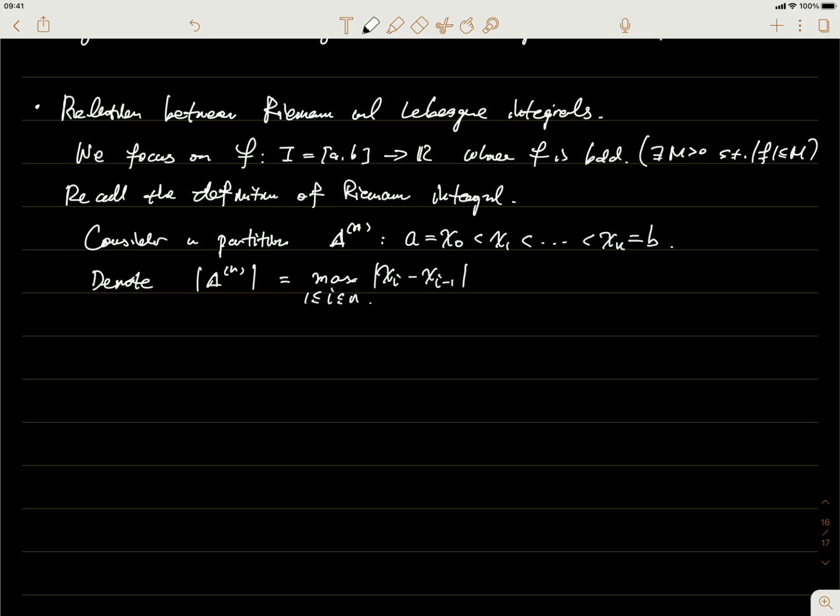And now we'll define the upper sum. If we take capital M_i^n to be the supremum of the function f where x is on the subinterval from x_{i-1} to x_i.